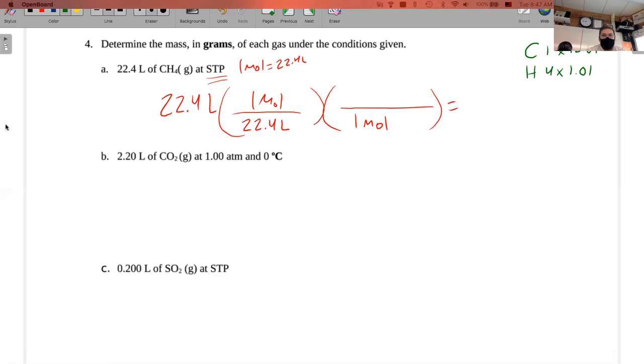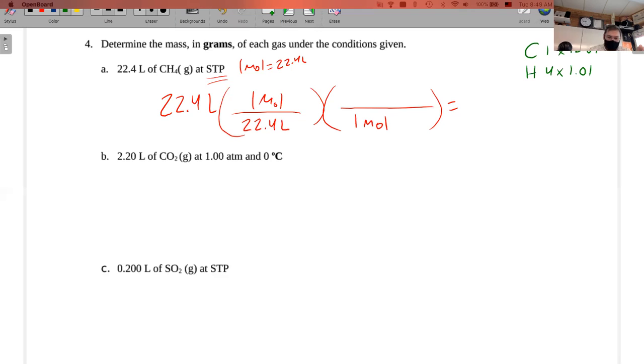I just know formula masses, but we've got them rounded to fewer significant figures on the official WAHS periodic table. Yeah, 12.01, 1.01, that's good.